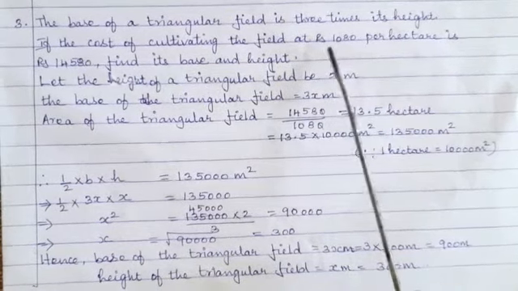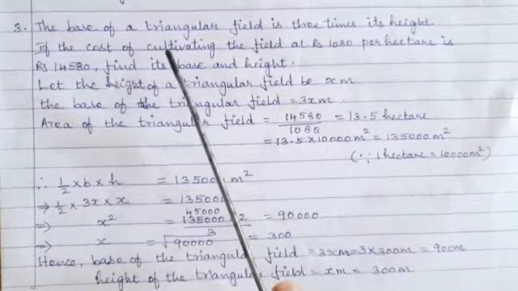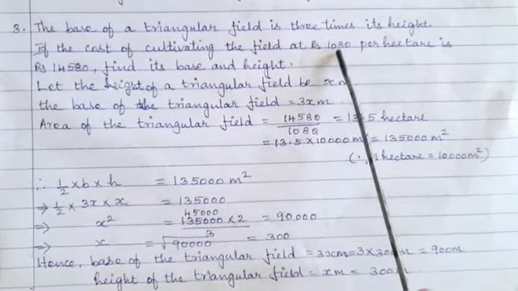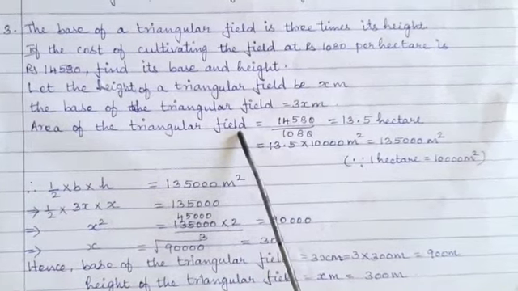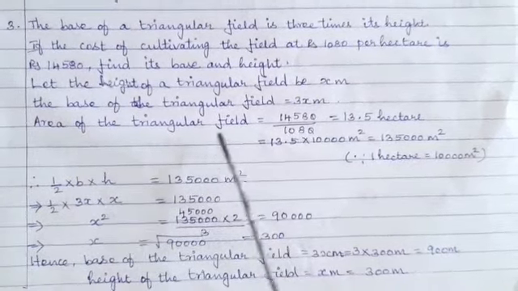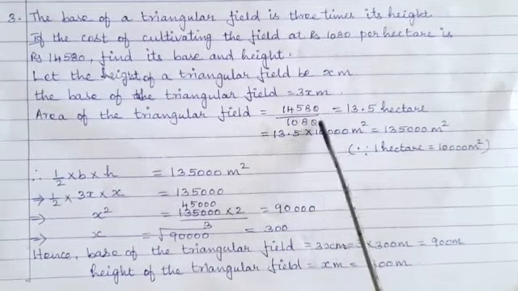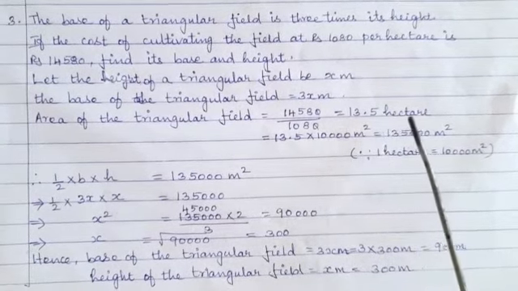And here it is given that per hectare, total amount is given. Per hectare, what is the cost of cultivating the field? So total cost divided by per hectare cost, we will get the area of a triangular field. So area of the triangular field is equal to 14,580 divided by 1080, which is equal to 13.5 hectare.